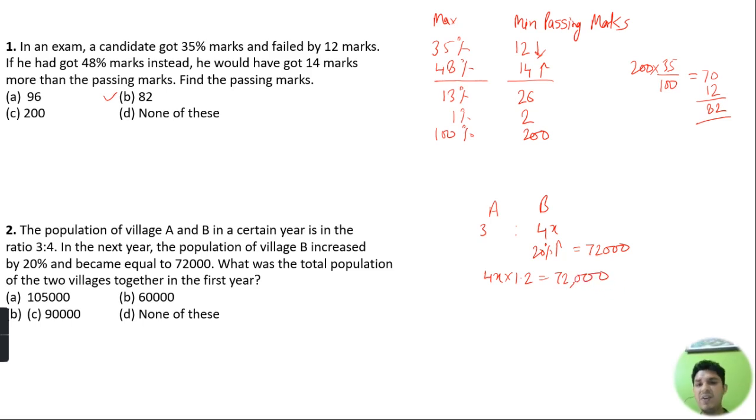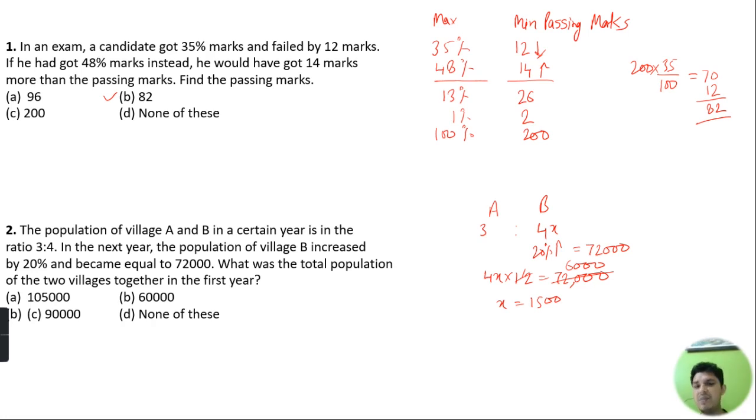So we can find the value of x first of all, right? The value of x is 1500, right? Now what next thing we have to find? We have to find what was the total population of the two villages in the first year.